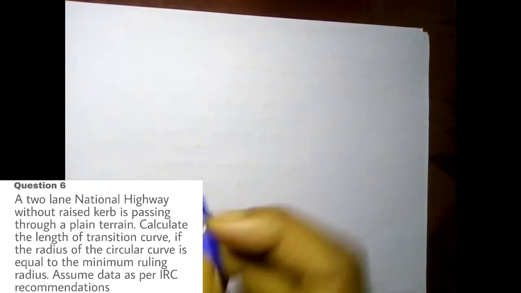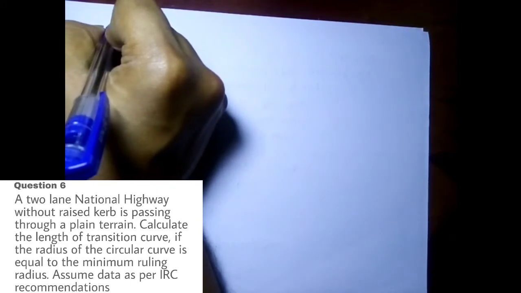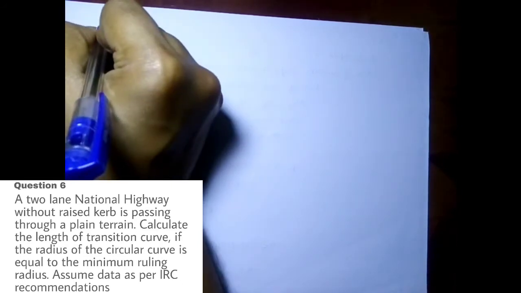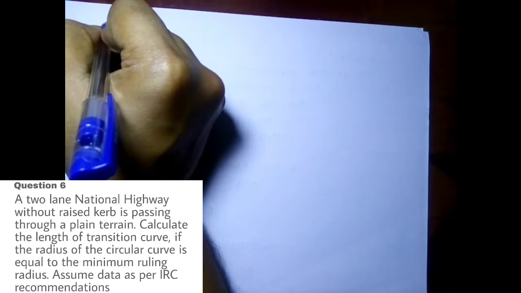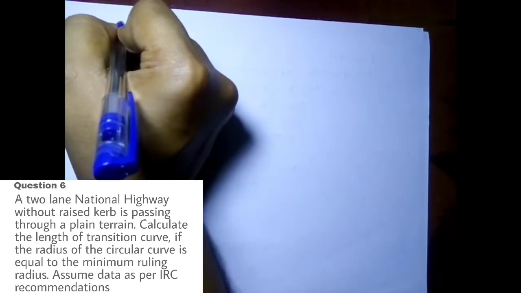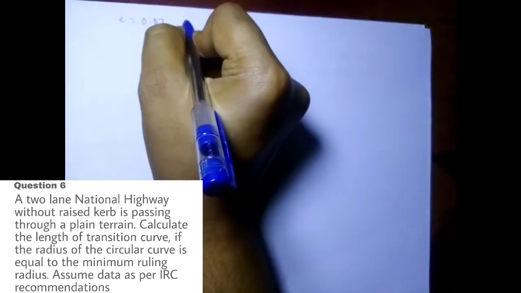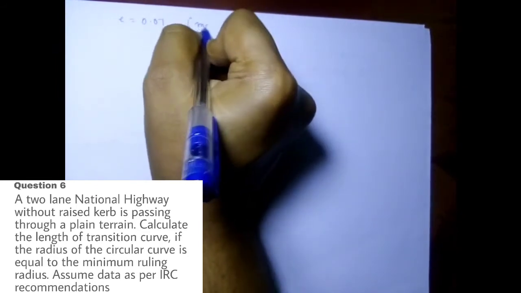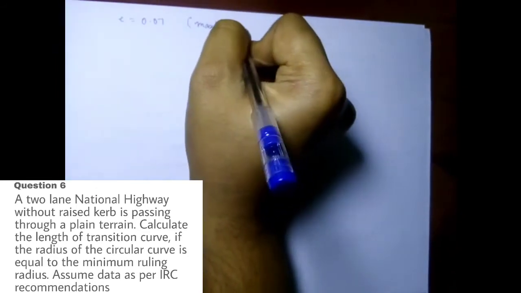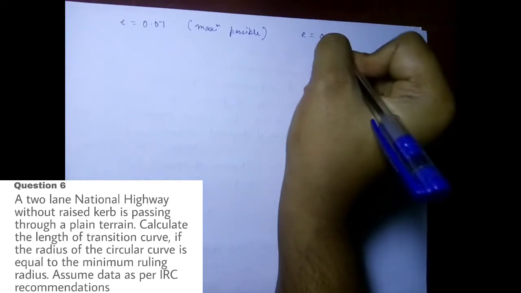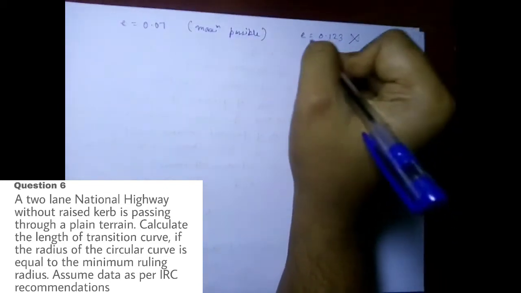So what's next? Now we try to calculate the value of F. Before that, let us remind you that since the value is greater than maximum possible permissible value of E, that is E shall be equal to 0.07, but that should be the maximum possible for plain terrain, but we got it around 0.123, which is not permissible.